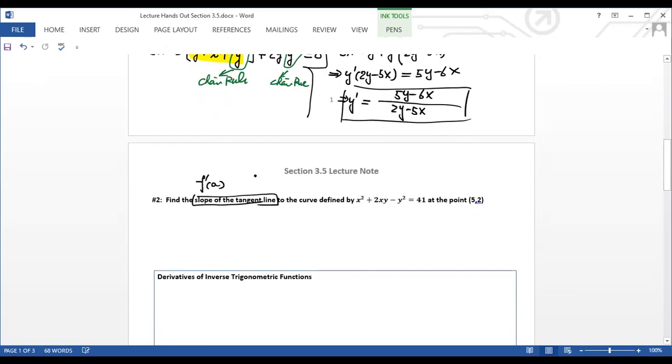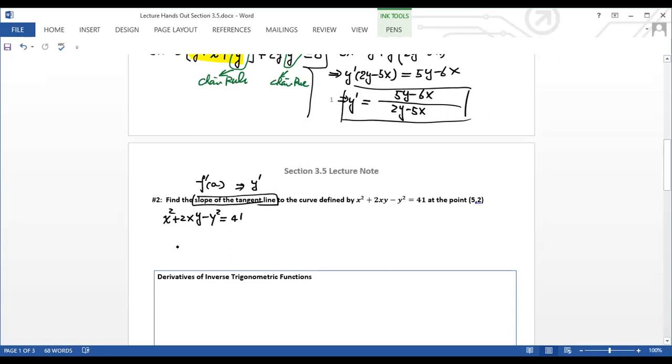This is the slope of the tangent line, correct? So I need to take the derivative. Right now I have x and y mixed together, but I still do the same thing. I want to find the y prime, then I can plug in the point and see what the slope is, correct?